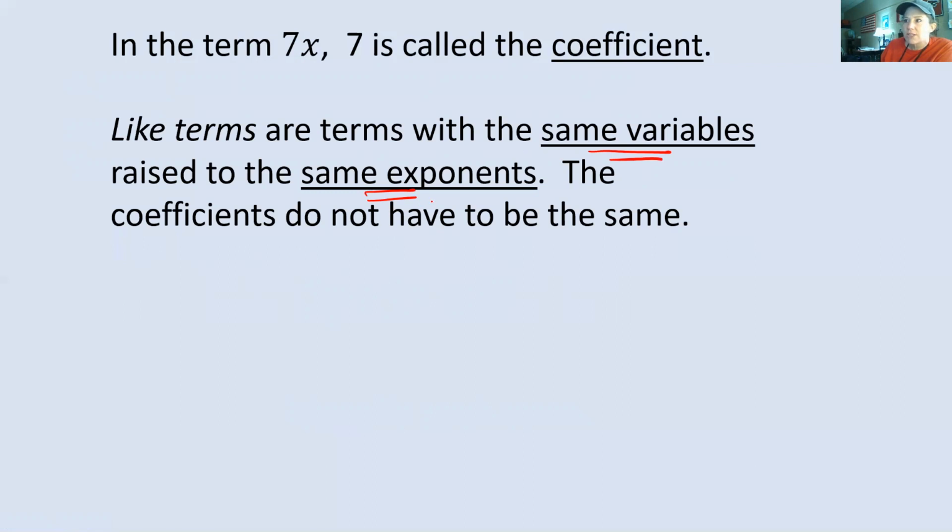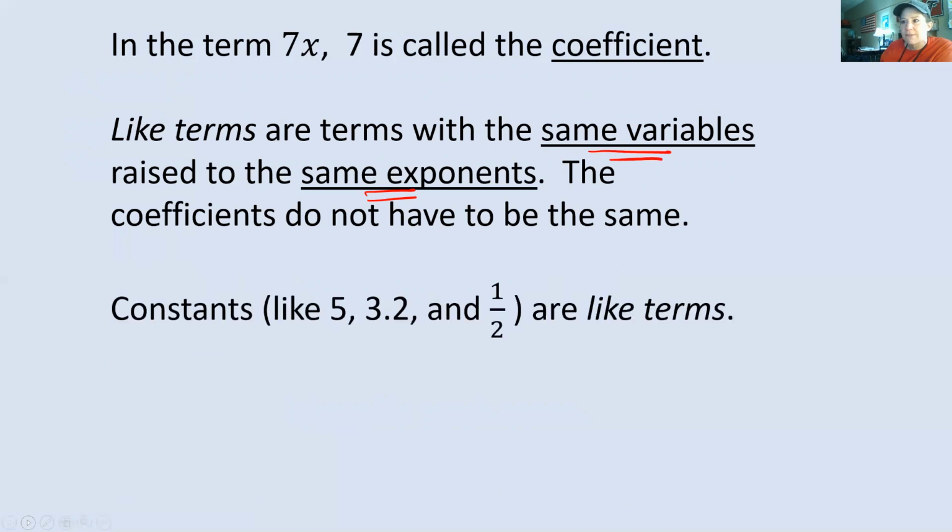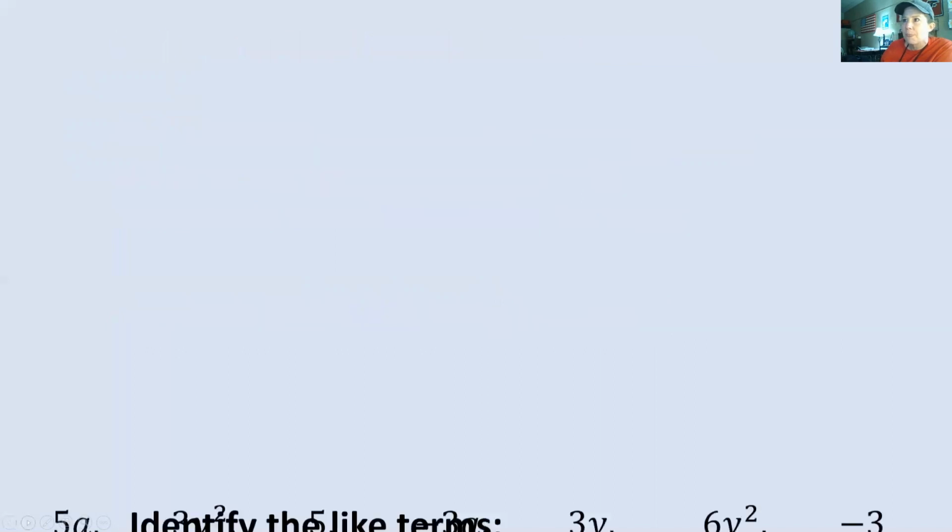The coefficients do not have to be the same. It's just a matter of the variables match and the powers match, or the exponents. It says constants like the whole number 5, 3.2, and a fraction 1/2 are like terms. If there's no variable attached to any number, those numbers are like terms.